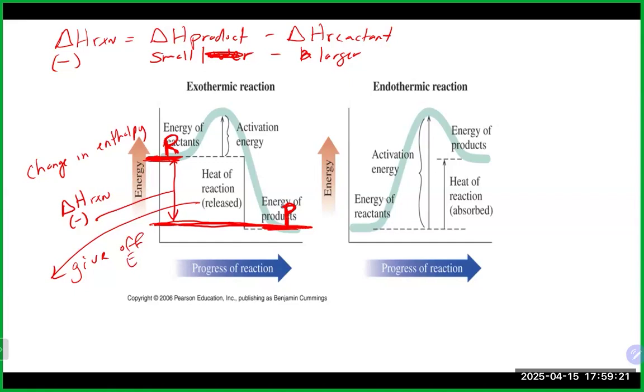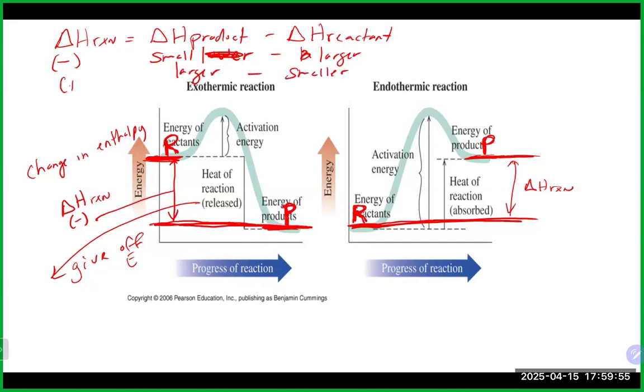Now, that is different than what we see over here in an endothermic reaction. This is our reactants over here. This is our products over here. And the difference between the reactants and the products here is going to be our delta H of this reaction. Our products, which is our final state, is actually a larger value than our reactants, which is a lower value of energy.